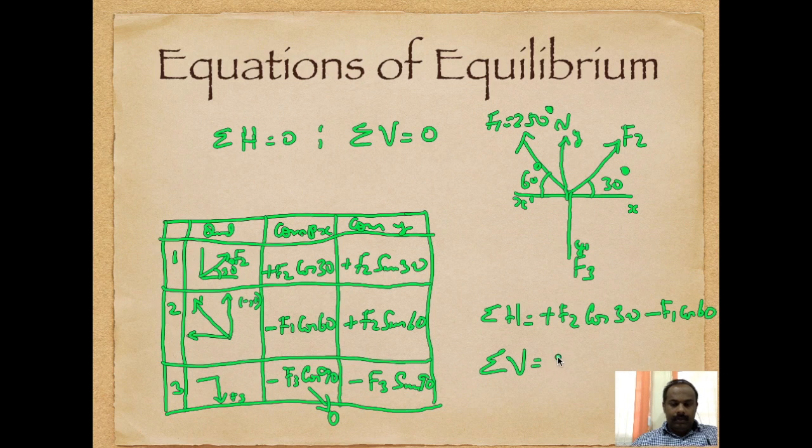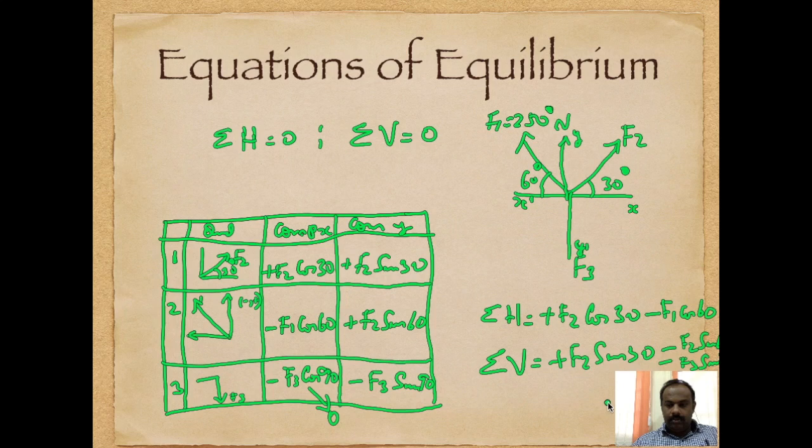So sigma vertical will be plus F2 sin 30 minus F1 sin 60, minus F3 sin 90.